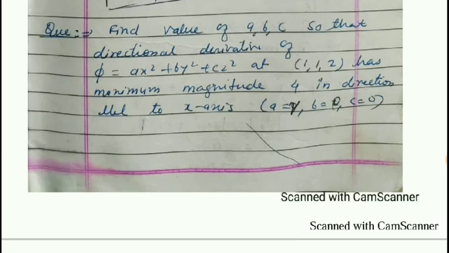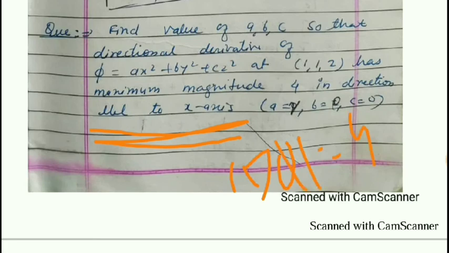I have already told you about that thing. Parallel to x-axis means mod del phi is 4 and mod del phi is parallel to x-axis.